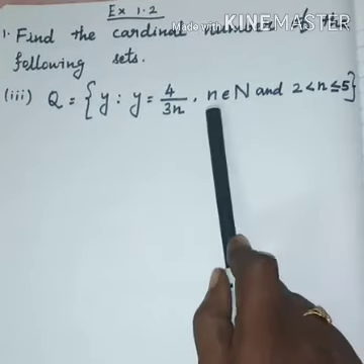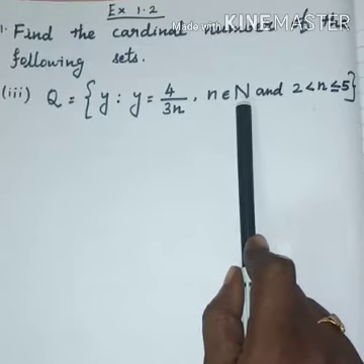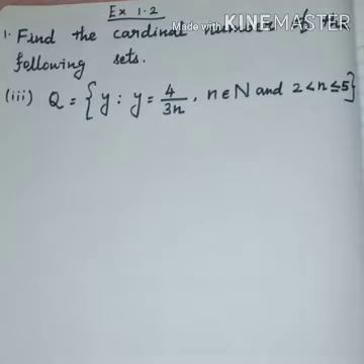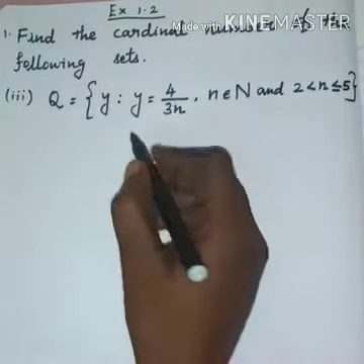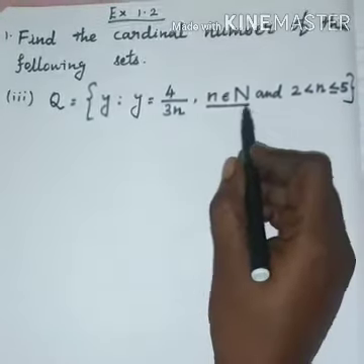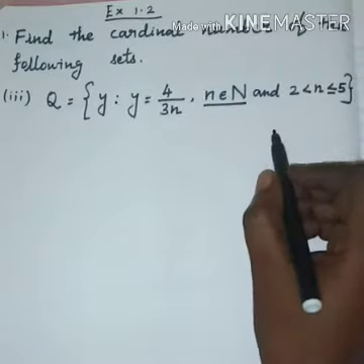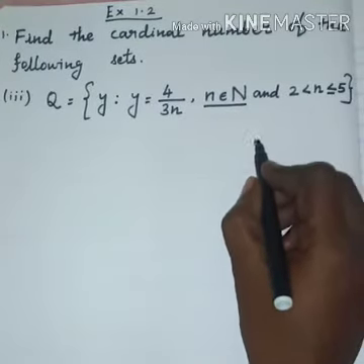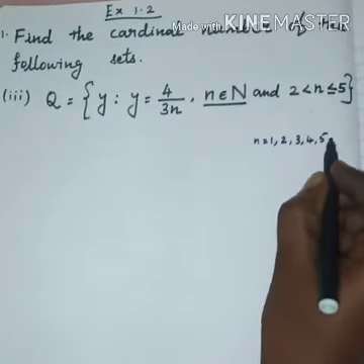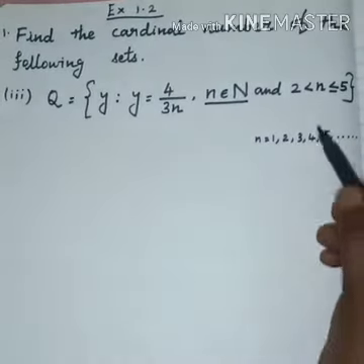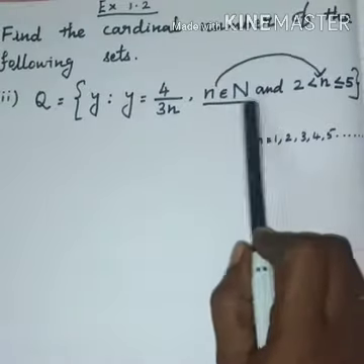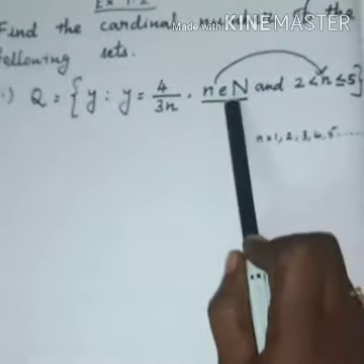Here n belongs to natural number. Natural numbers start from 1, 2, 3, etc. So the value of n is equal to 1, 2, 3, 4, 5, etc. But here the condition is given for n.